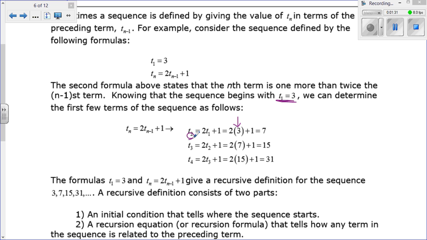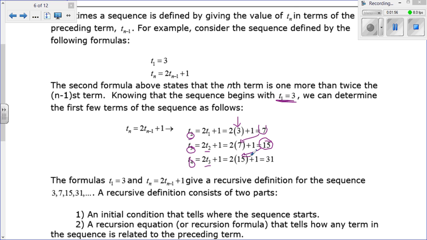So 2 times 3 plus 1 is 7. To find the third term, I have to take the second term, multiply it by 2, and add 1. So 2 times 7, plus 1 is 15. To find the fourth term, I use 2 times the third term plus 1. So 2 times 15 is 30 plus 1 is 31.